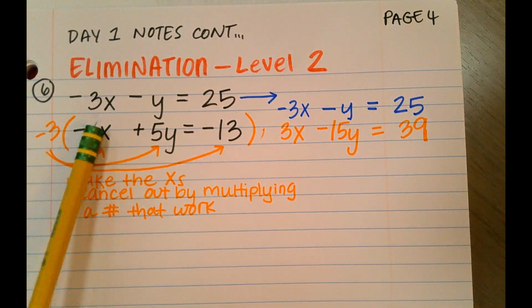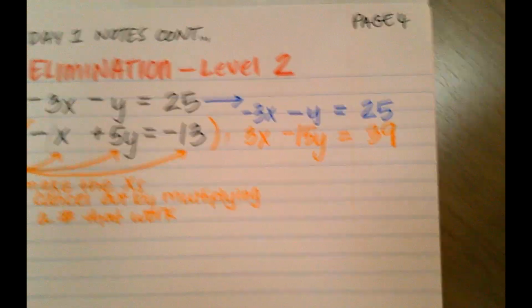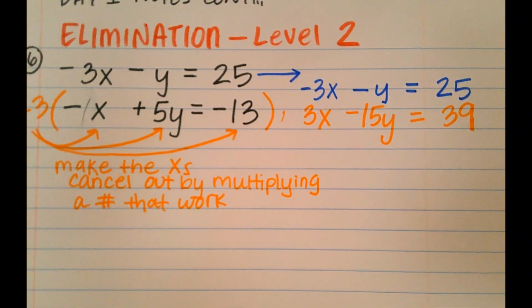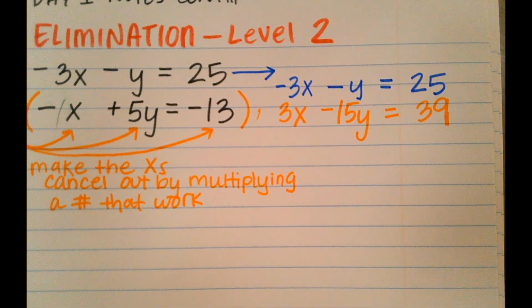So -3 and -1 give us +3. And we just did that with all parts of our equation. So now that I have multiplied everything, I've distributed that -3 throughout my whole equation. I just rewrote my top equation on top of it.